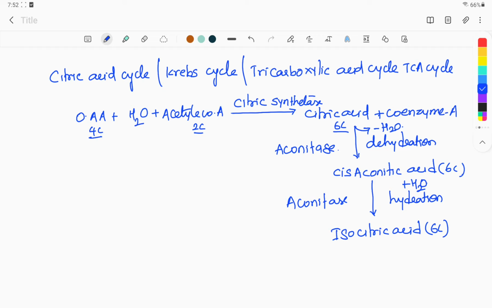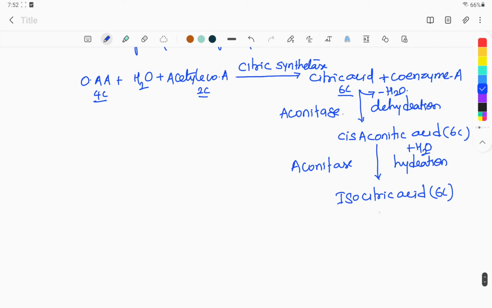Now the isocitric acid undergoes the first oxidation. Remember, oxidation means loss of hydrogen. So this hydrogen is accepted by NAD plus to give rise to NADH.